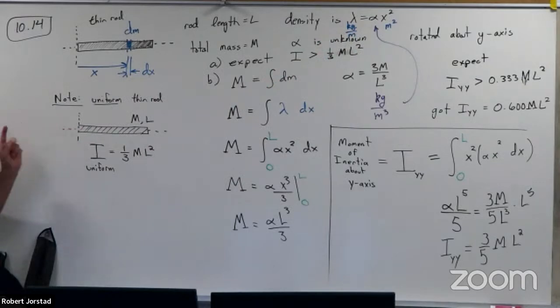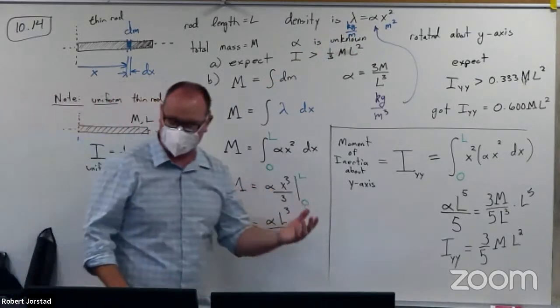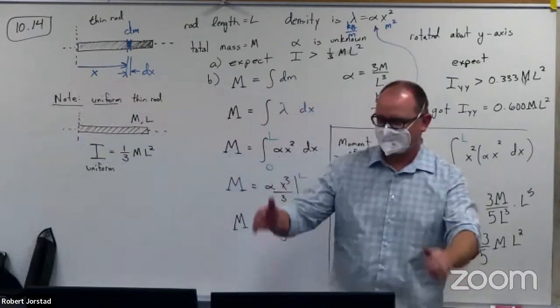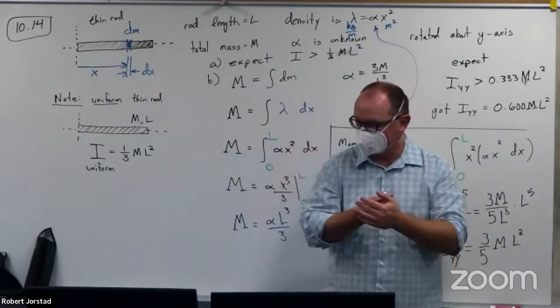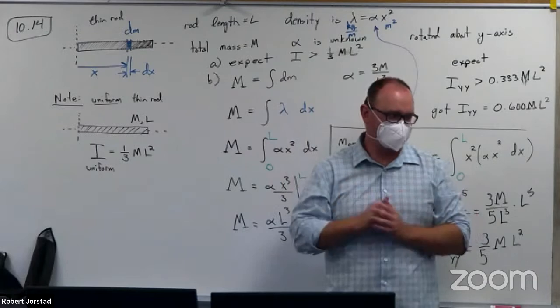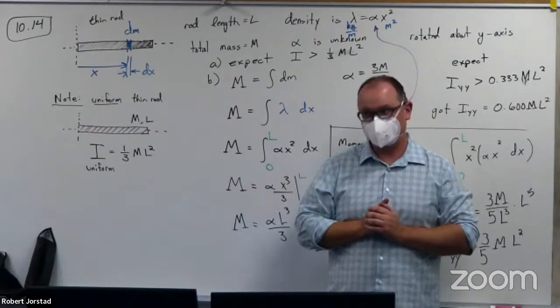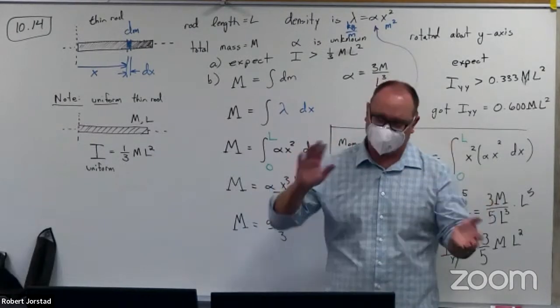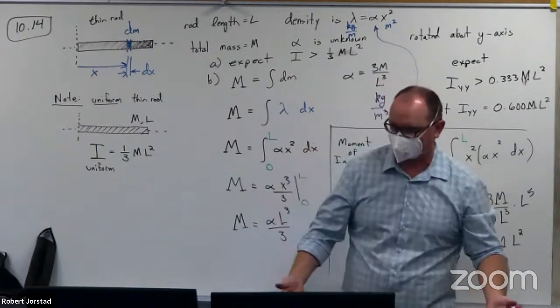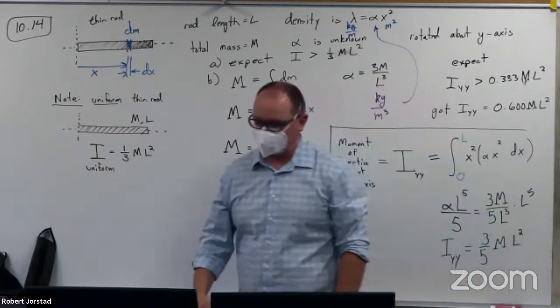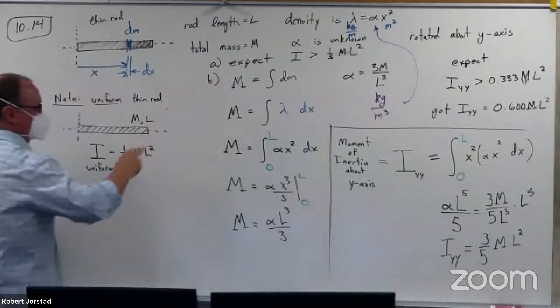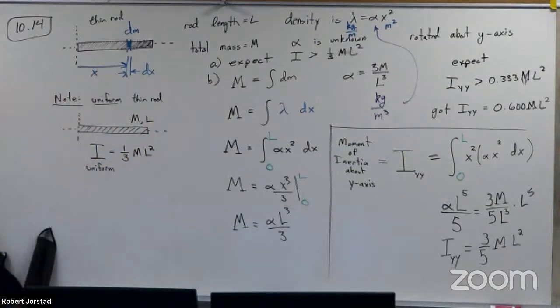So if you have non-uniform problems, whether that's center of mass or moment of inertia, if I give you a density, you could move the coordinate system, but you need to do a lot of math to fix up the density before you integrate. Basically what I'm saying is, if I give you a non-uniform density, don't change the coordinate system. Understood? Does that make any sense? All right, good enough.